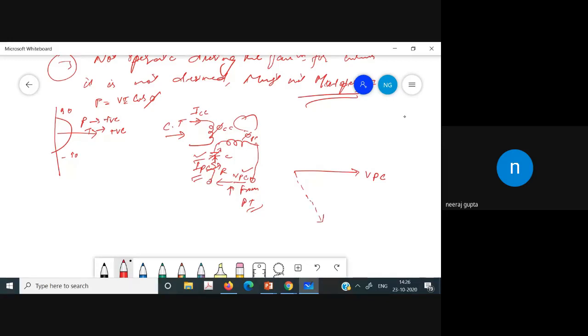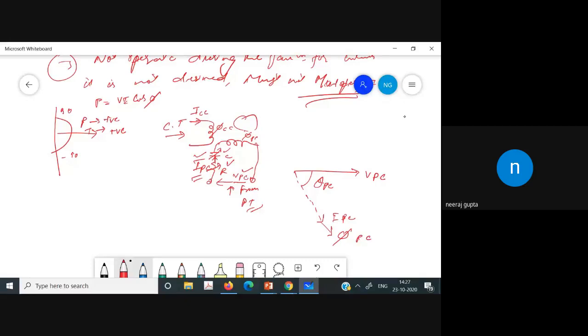This IPC will create the flux phi PC. Then for the maximum torque, this angle is theta PC. This theta PC can be changed by varying the R and C.